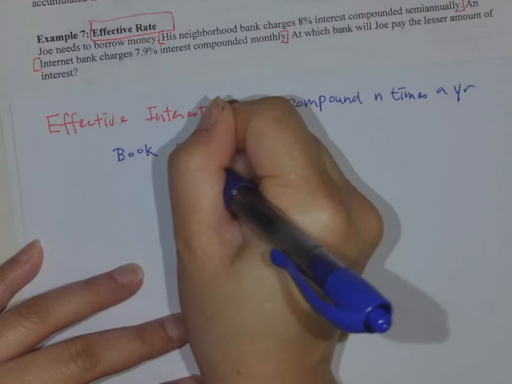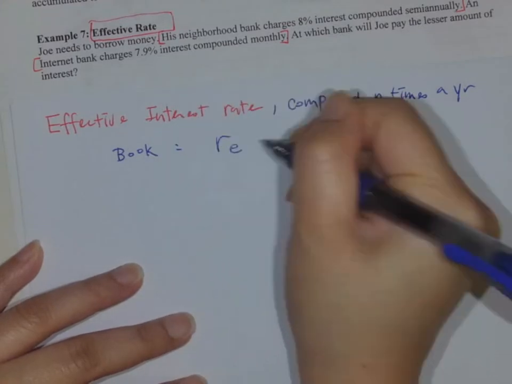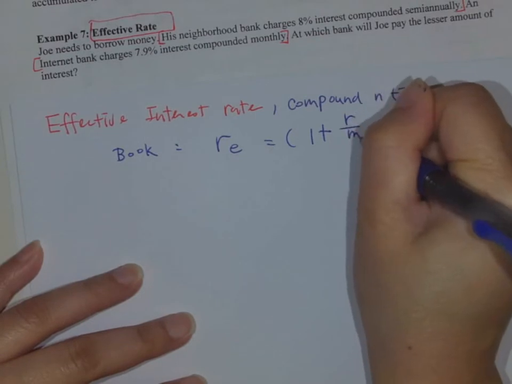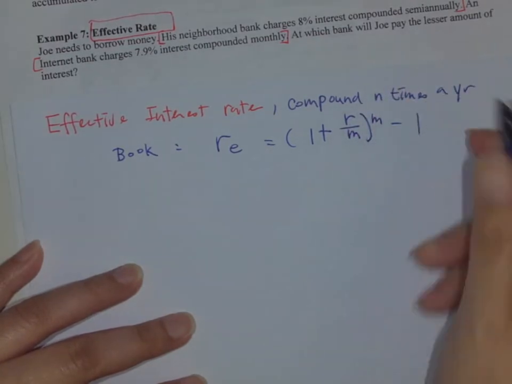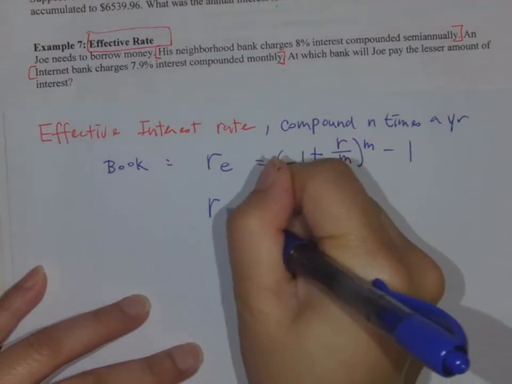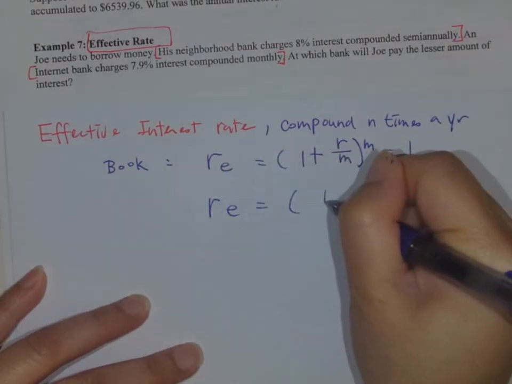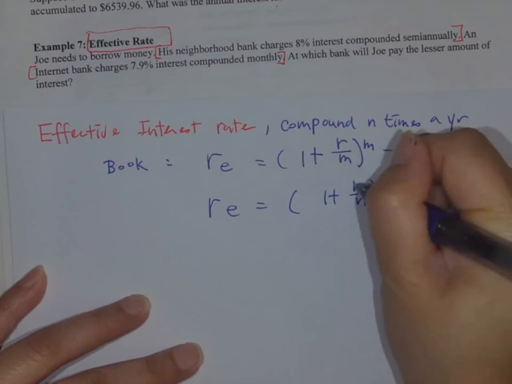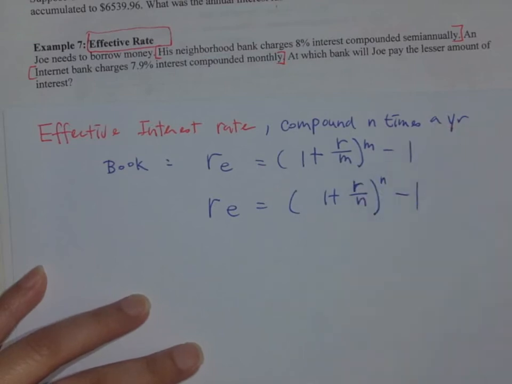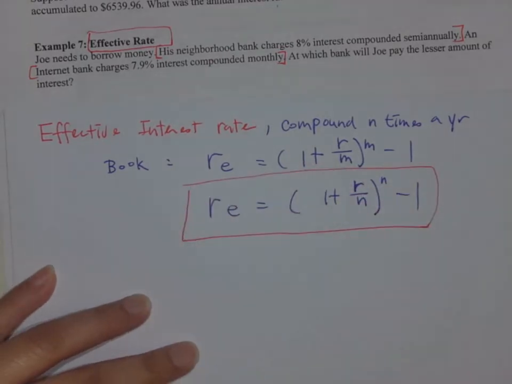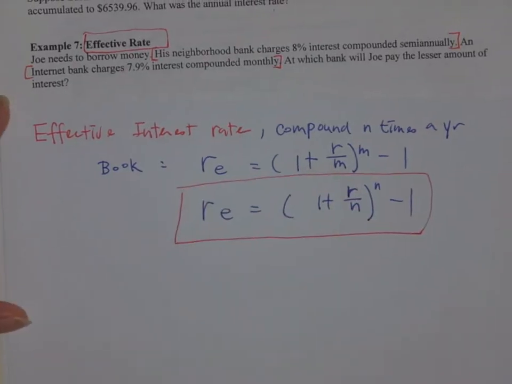Your book will say effective rate of interest is 1 plus r over m, minus 1. I don't know why they keep changing the letter. So personally, I prefer to write it like that: 1 plus r over n, and then minus 1, because I like to keep it more consistent with those letters. What do they represent? So let's write down what we know for this one.